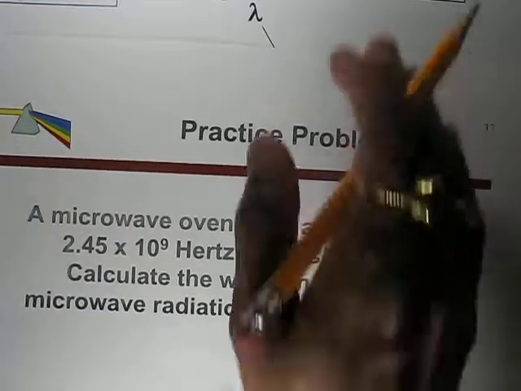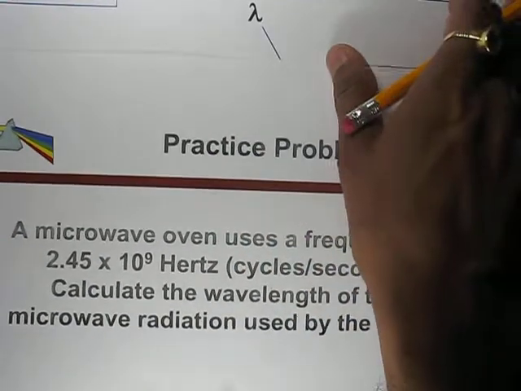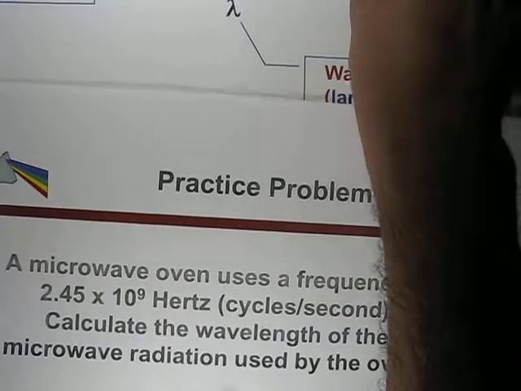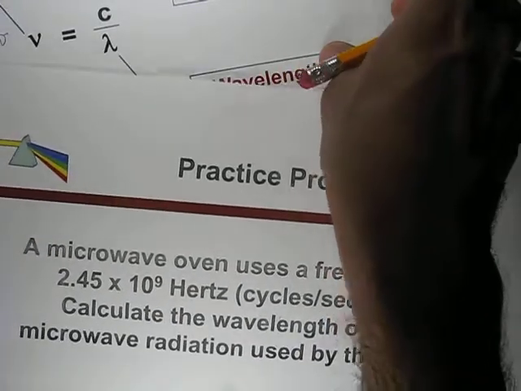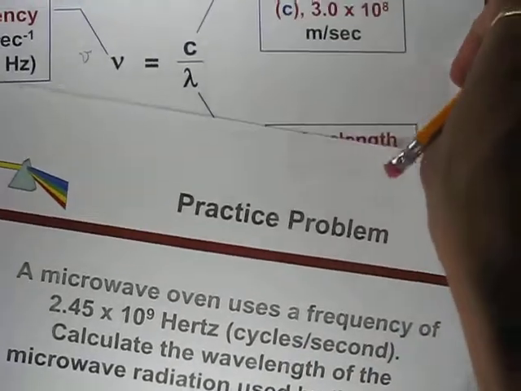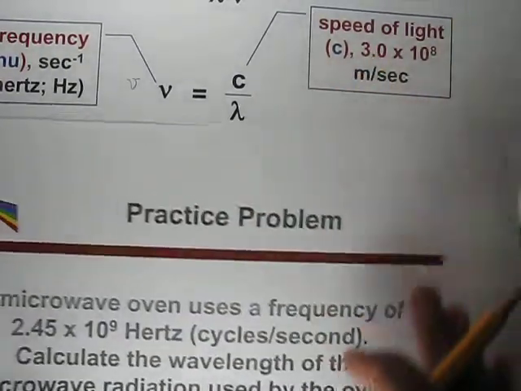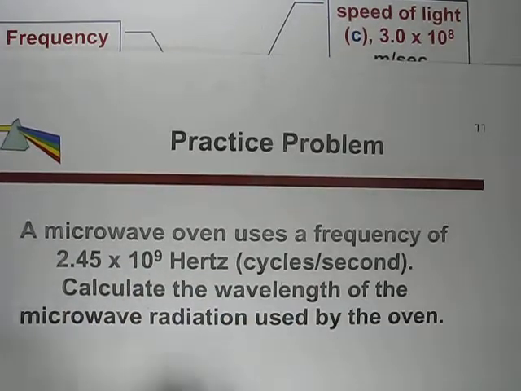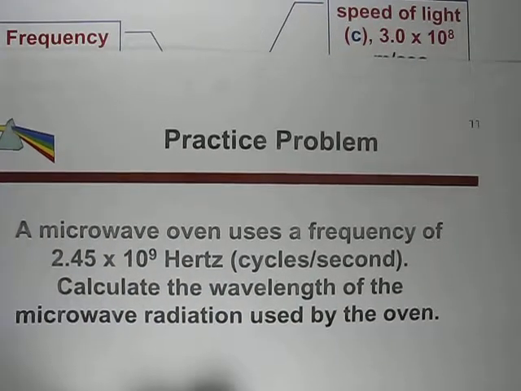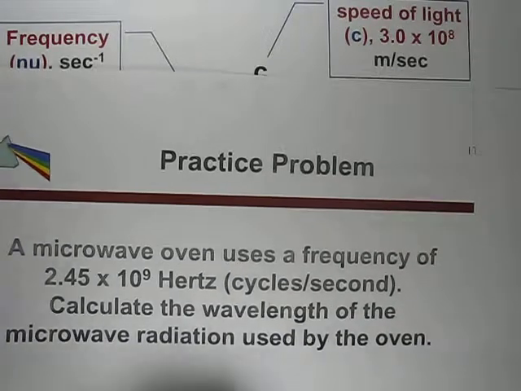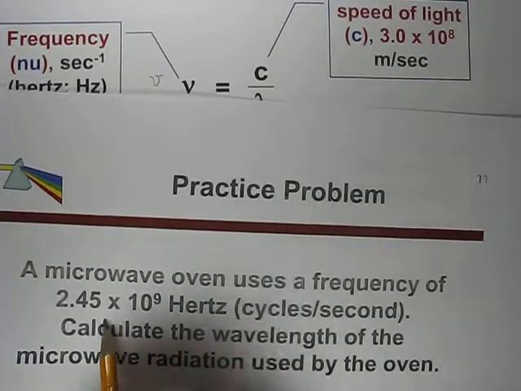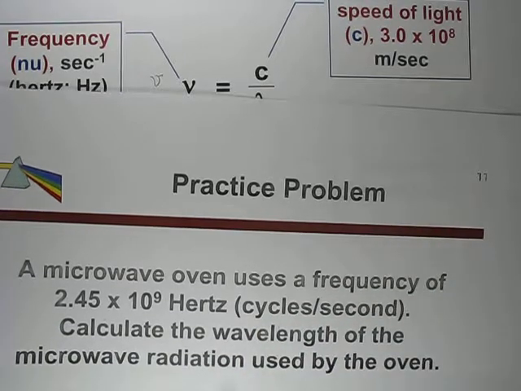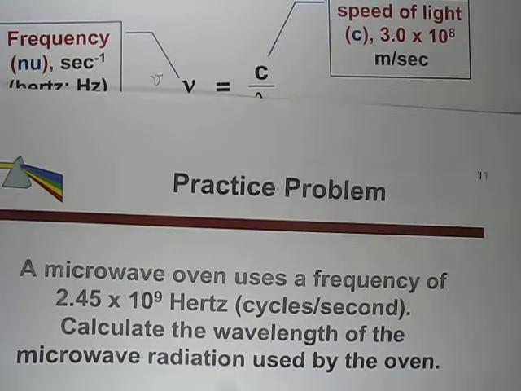A microwave is very common in our kitchen, everyone is using it. So how can we find out the wavelength of the microwave if we know the hertz? Usually this frequency is written on the back side of the microwave.